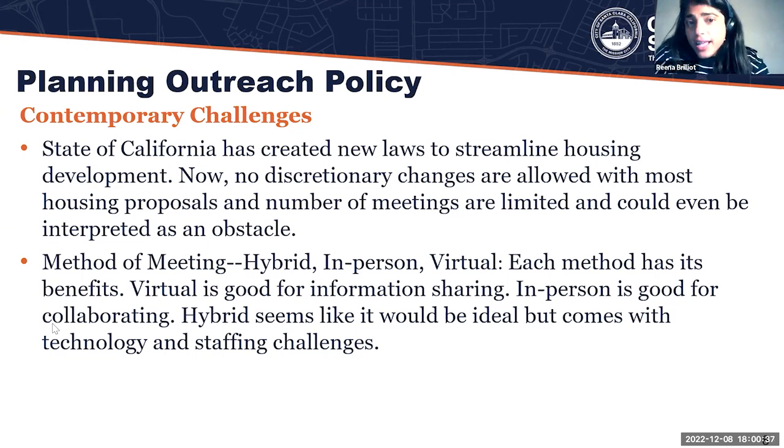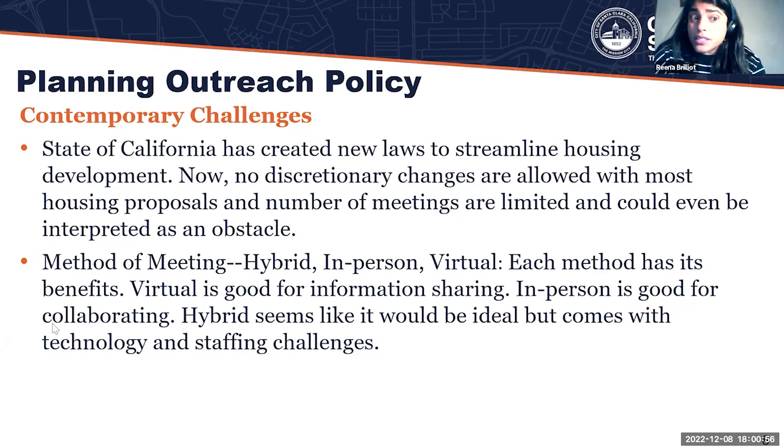But the challenge is that having meetings sets these expectations that things can change or will change or have to change. And so that might be more about communication to the community to set expectations.